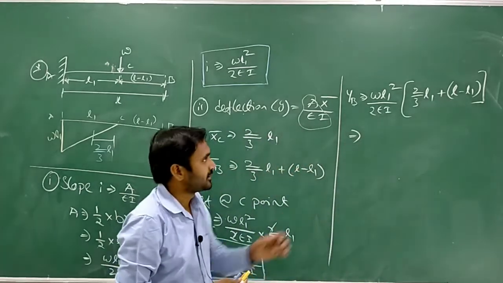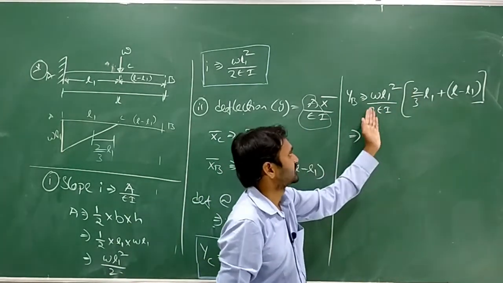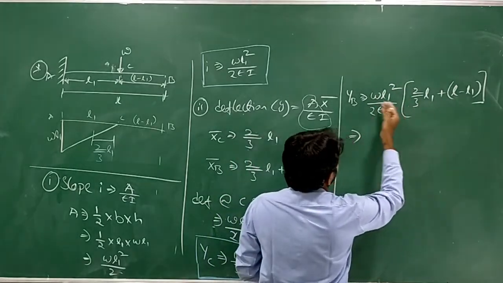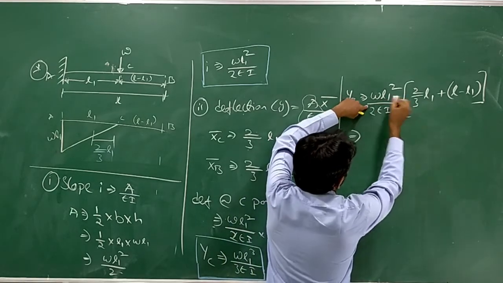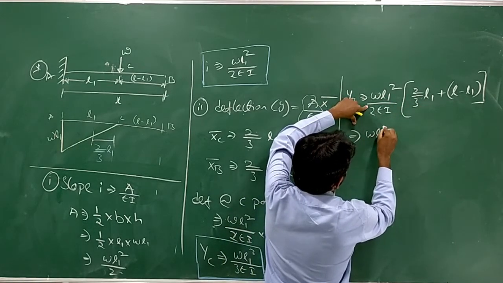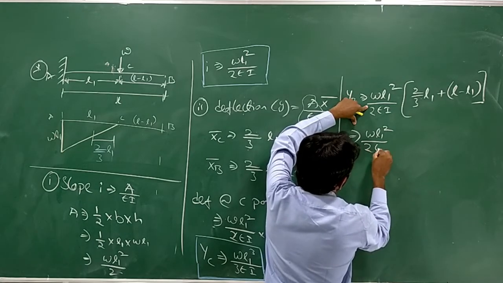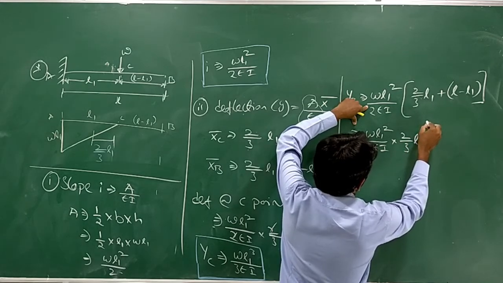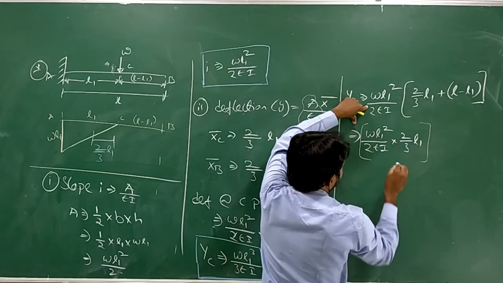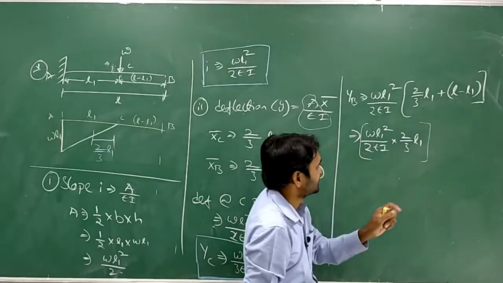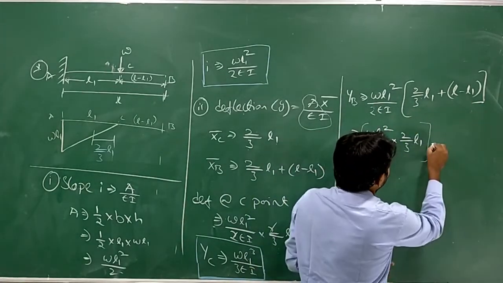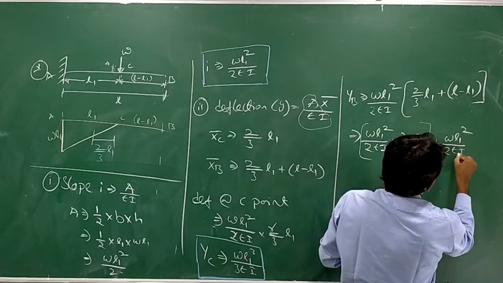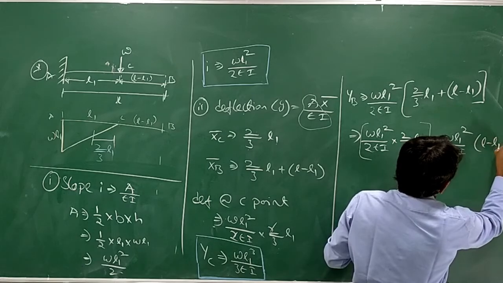Now multiply this term with this term and this with this term. Let us multiply these two terms first: WL1 square by 2EI into 2/3 of L1. So this is a single term. Now this term to this term, plus WL1 square by 2EI into L minus L1.